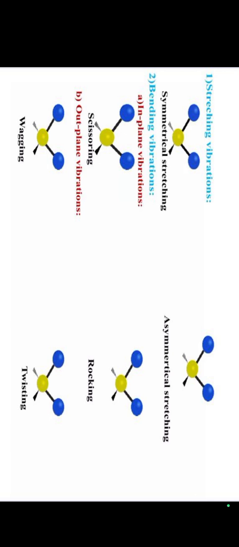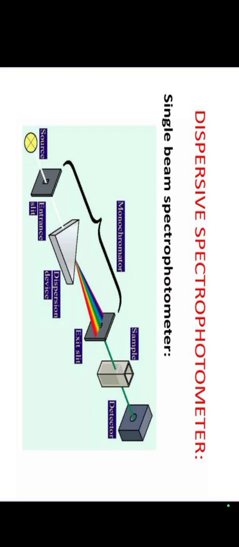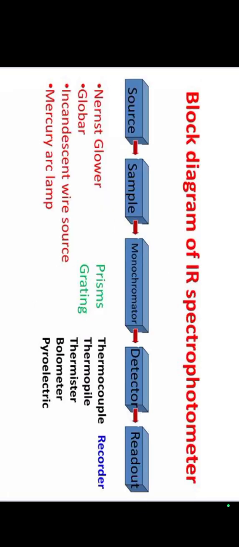Next we see the instrumentation of the infrared spectrophotometer. Two types: dispersive system and Fourier transform IR instruments. This is a picture of the dispersive spectrophotometer, and for the Fourier transform IR spectrophotometer, this is the picture. The instrumentation: source, sample, monochromator, detector, readout.